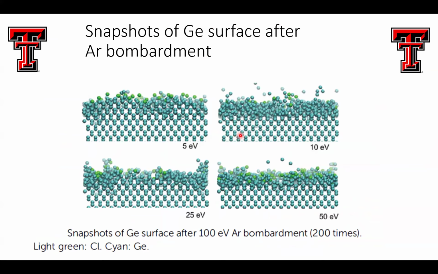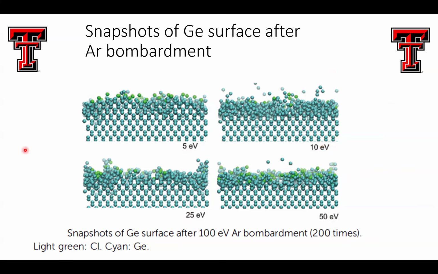Now, what you really want, as I said, is to etch this. So typically what they do, they send a high energy ion into the system to break up the structure locally to make it easier to etch. And we did this for 5 eV, 10 eV, 25 eV, or 50 eV.